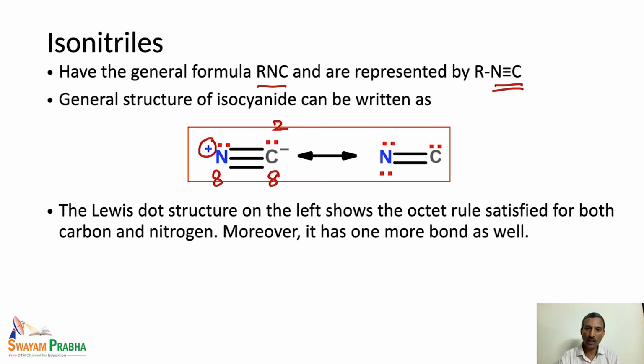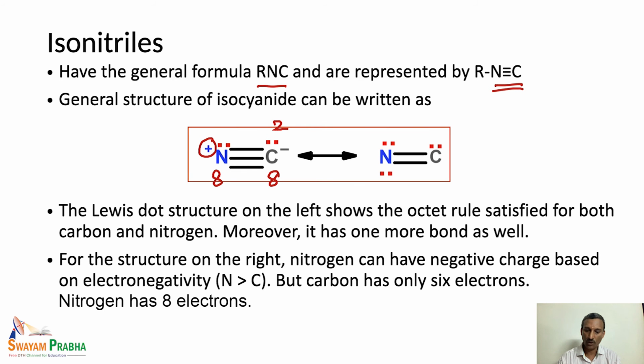But we can write the other resonance structure in which nitrogen and carbon do not have any charges. Here, the carbon has only 6 electrons, and nitrogen has 2 lone pairs and 2 bonds, so in total we have 8 electrons on the nitrogen atom.